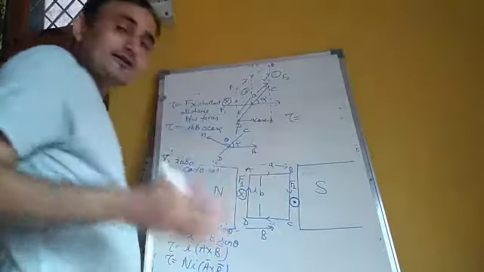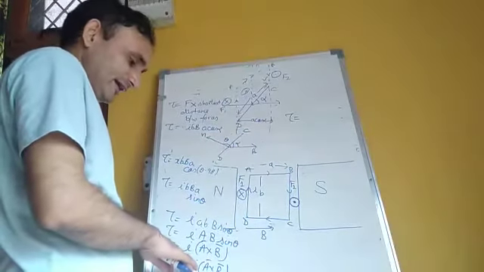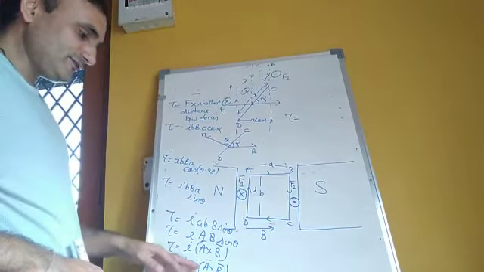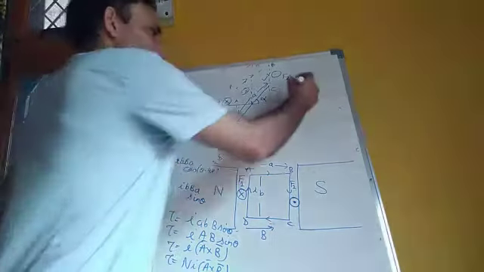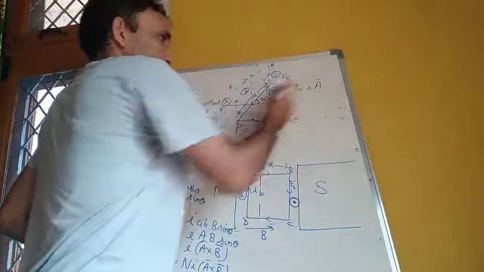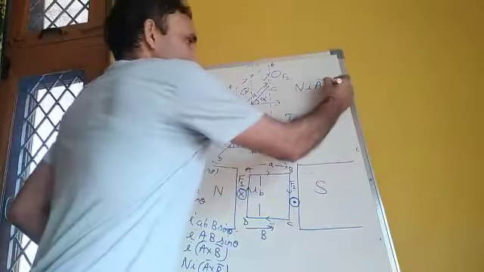Further, one more thing: N and I are just numbers, so we can multiply them with A. So N into I into A, this we call another vector mu.